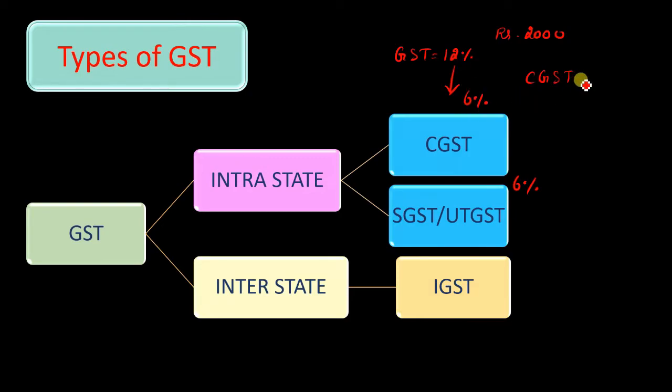CGST is 6% on the cost price. 6 by 100 on 2000, that is 120. Again, SGST, this amount is also 120.